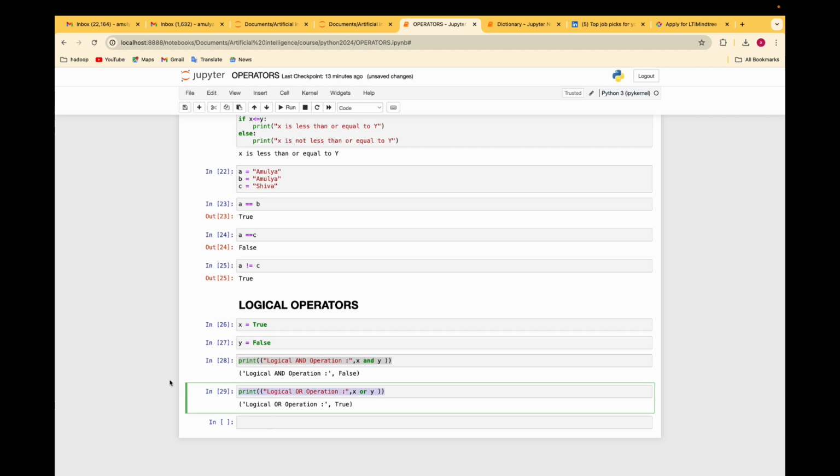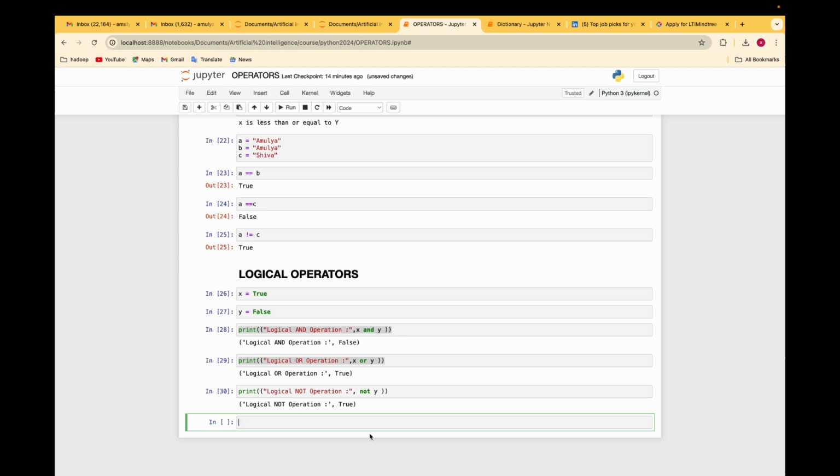And let's think about the not operation. Not y: y is false, so not y should return true. Logical not operation.